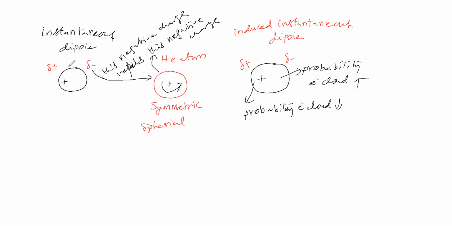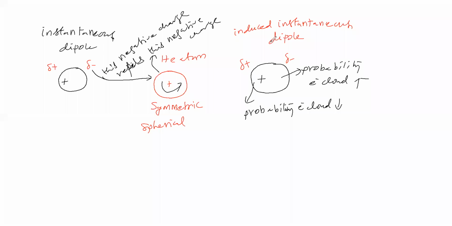Therefore, between this instantaneous dipole and induced instantaneous dipole, attraction is possible. This positive and this negative will attract each other.